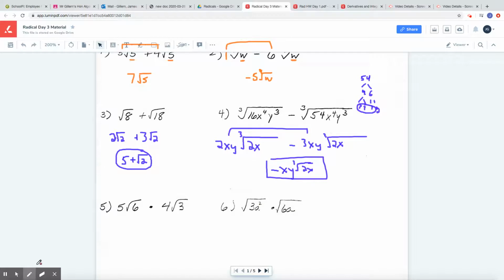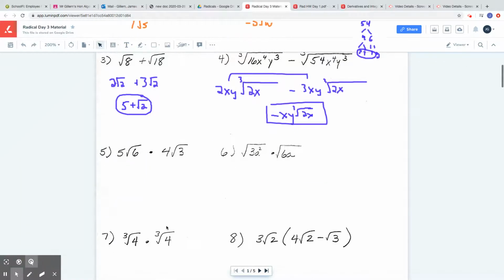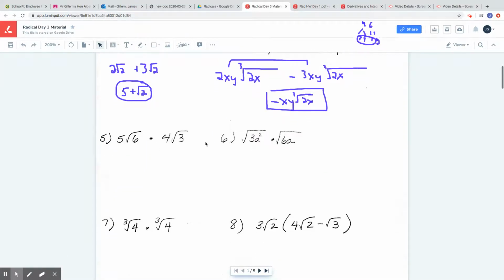Number 5. Now we're into multiplication. It does not have to be the same thing. You just have to do outsides by outsides, insides by insides. So you get 20 and you get 18.